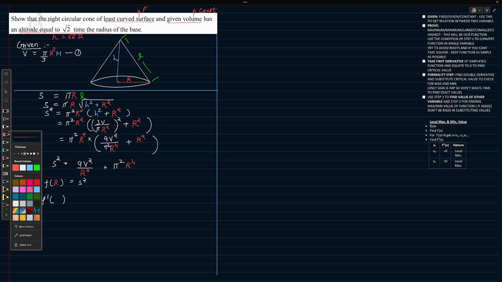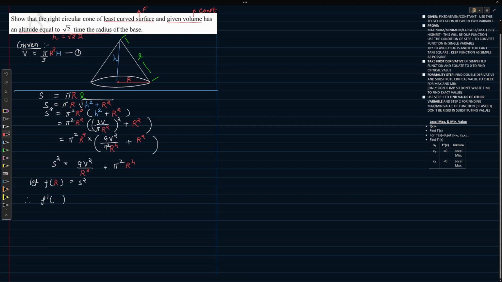Taking the first derivative, f dash r equals minus 18 v square upon r raised to 3, plus pi square is constant, and differentiation of r raised to 4 will be 4r cube, so it will be 4 pi square into r cube.